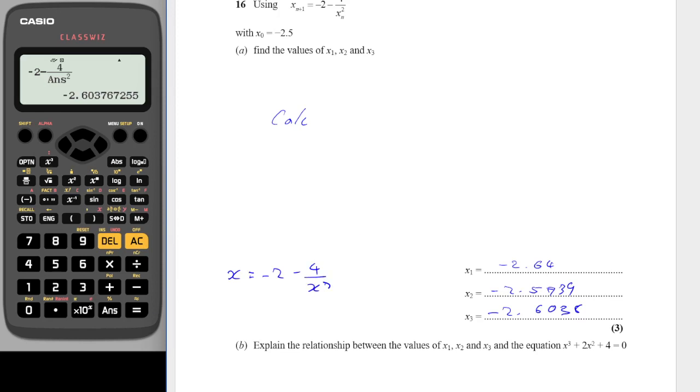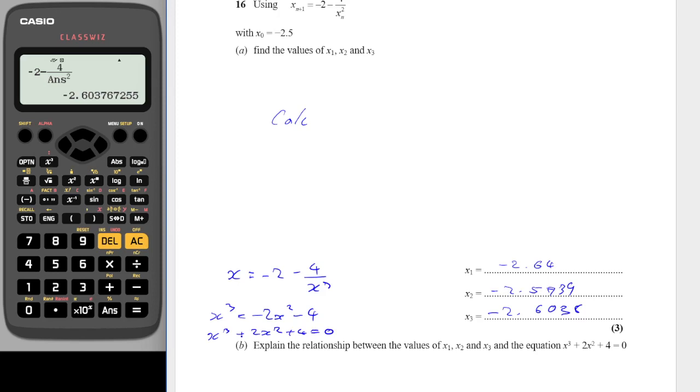If we times through by x squared, that would give us x cubed is equal to minus 2x squared minus 4. And then if we rearrange that, that would give us x cubed plus 2x squared plus 4 is equal to 0.